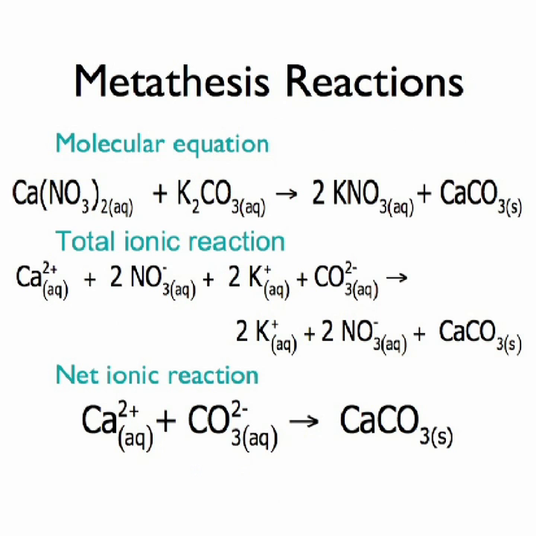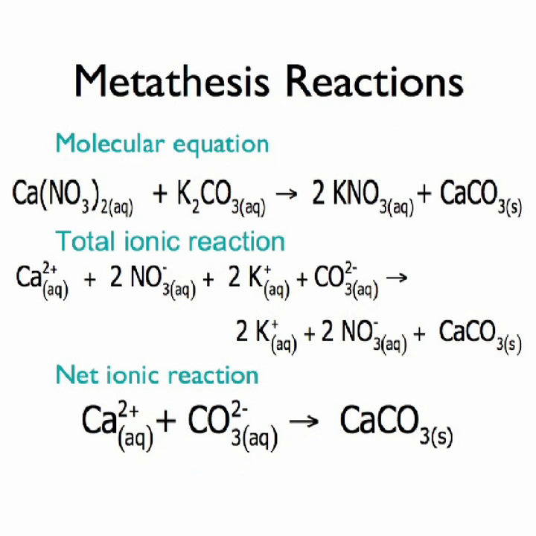And then we have our solid calcium carbonate. When we remove our spectator ions, the nitrate ions and the potassium ions, we end up with our net ionic equation. Aqueous calcium ions reacting with aqueous carbonate ions to form solid calcium carbonate.